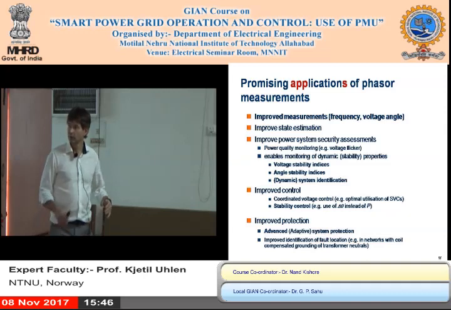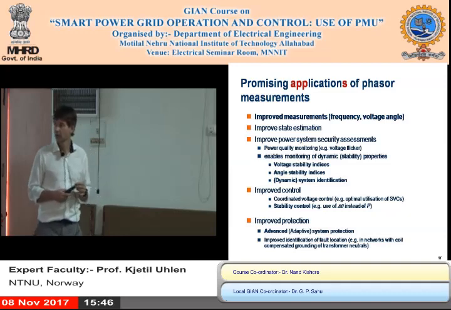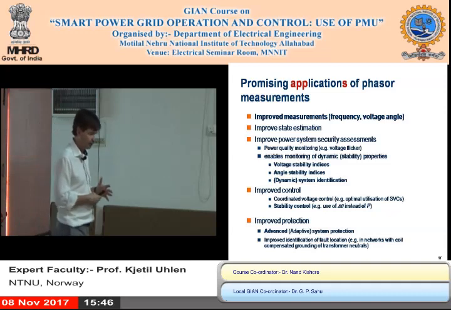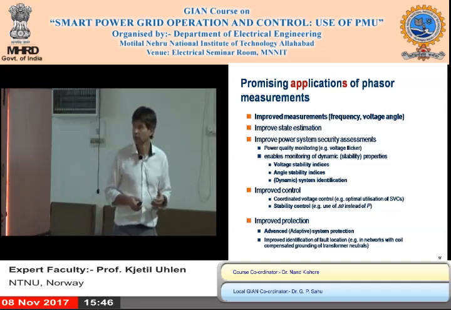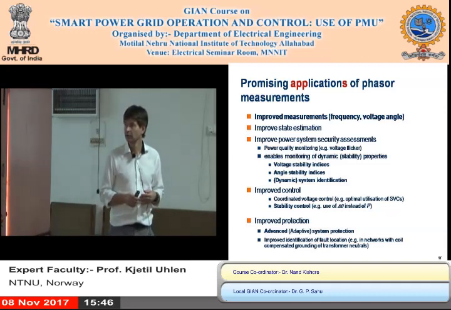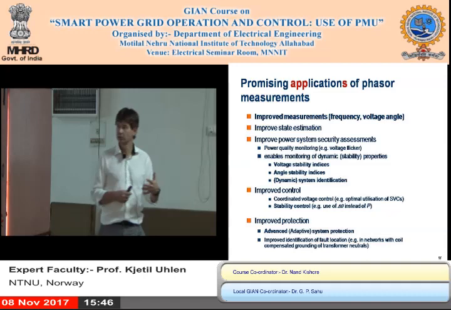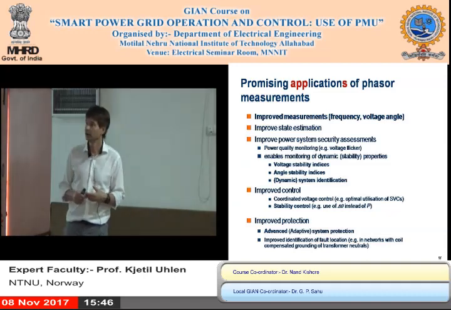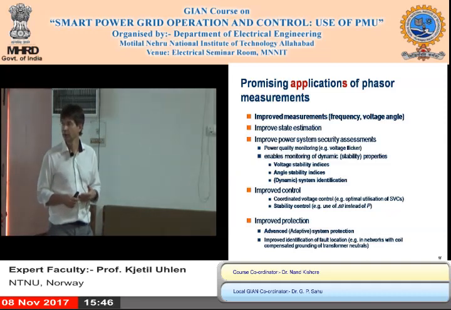When it comes to more specialized protection systems, what we have developed so far that I know of is a system for identification of fault or fault locations in networks with coil compensated grounding, for example.